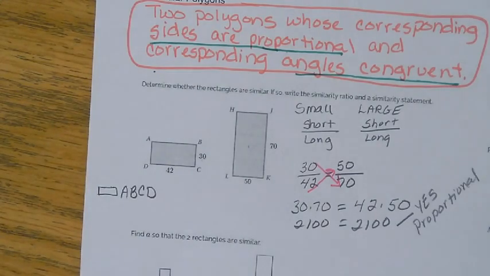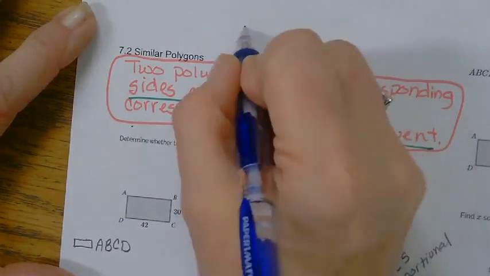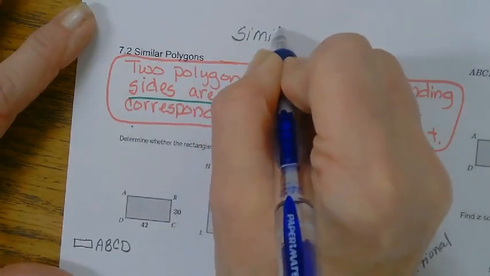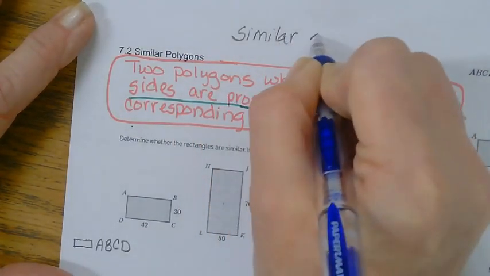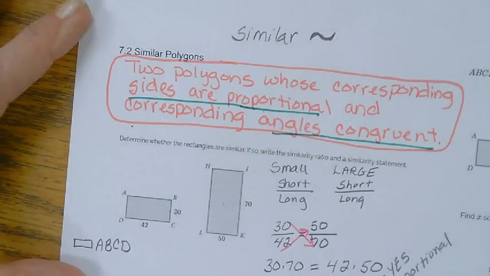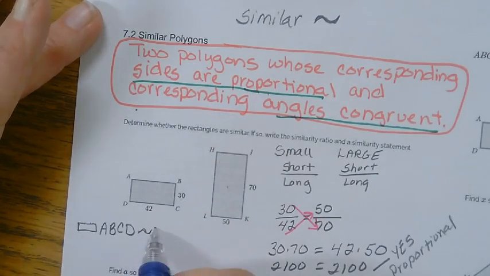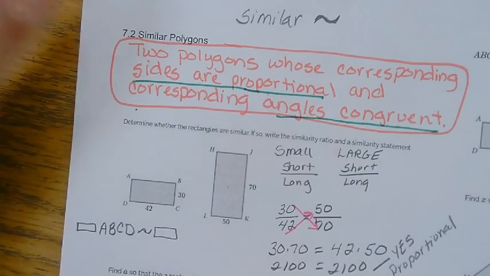Similar. Do you know the symbol for similar? What do we use? Yeah, it's a little squiggly thing. So you might put that up at the top. So rectangle ABCD is similar to rectangle.